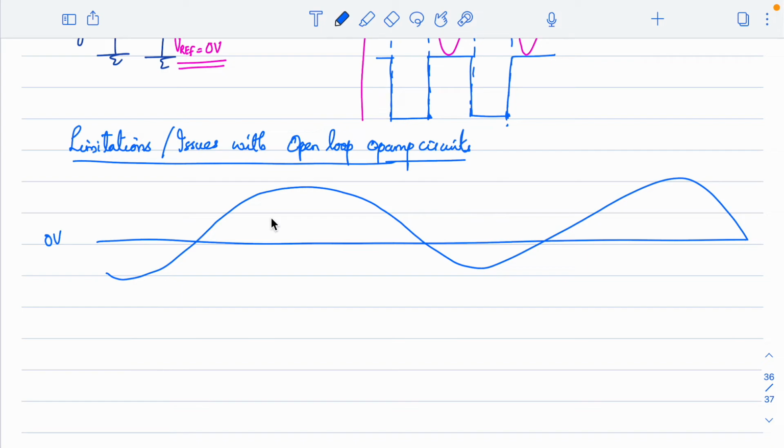In such cases, the input voltage will take more time to cross the 0 volt line, and therefore you will not see the output voltage switching quickly from one saturation voltage to the other, because look at this point here, the switching will happen here, after that at this point, then at this point, and then at some other far point. So depending on the frequency of the signal, if it is a very slowly varying waveform, the switching will not happen immediately.